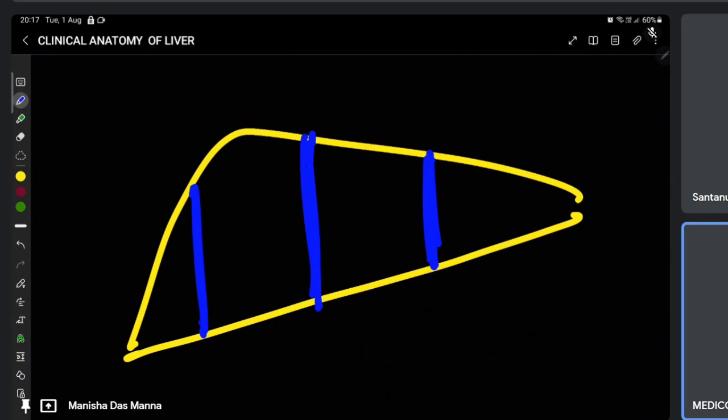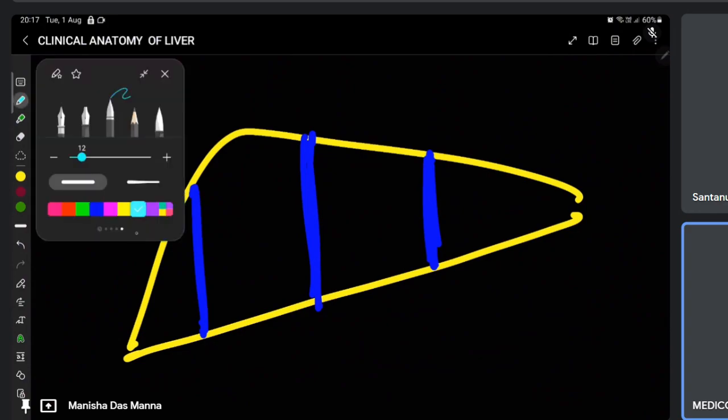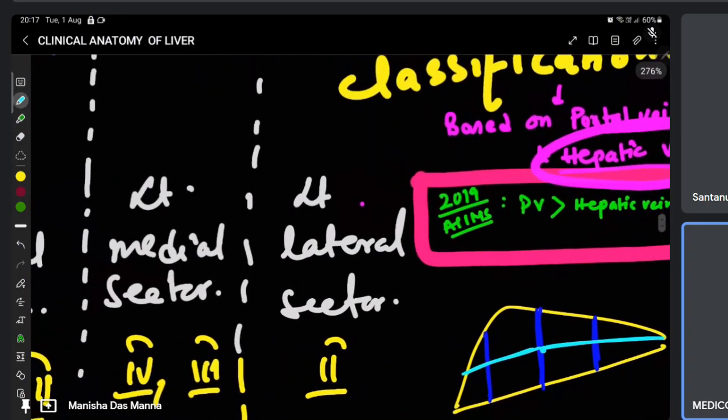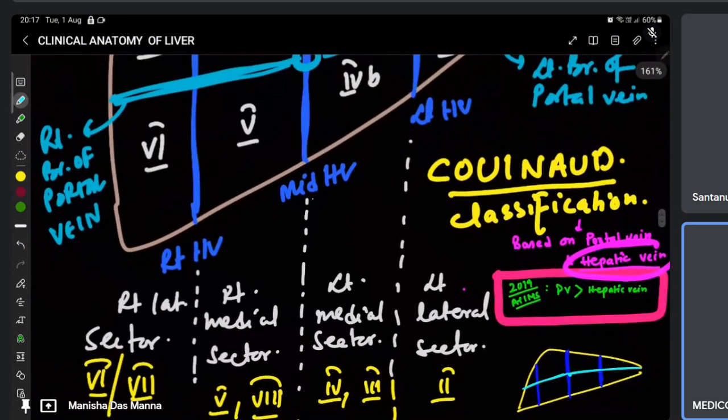There are three major hepatic veins. And you can appreciate that the portal vein is moving towards this. Right portal vein, sorry, left portal vein. This is the left, and this is the right.